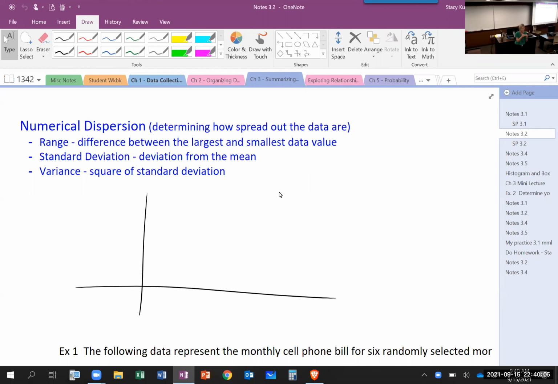Remember, the middle is our mean or our median, the center of our data. Standard deviation is a numerical value for us to quantify and compare how far the data is spread out away from the middle.